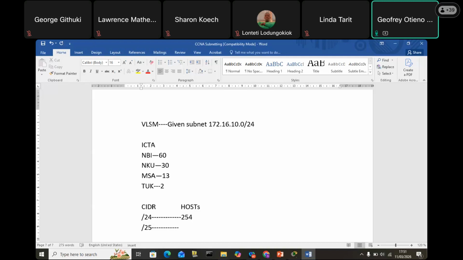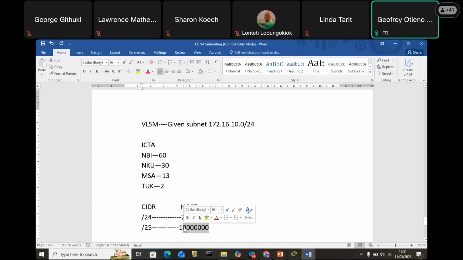It is 1 and 7 zeros: 1, 2, 3, 4, 5, 6, 7. These 7 zeros are what now help us get the number of hosts, because we are looking at the last octet.